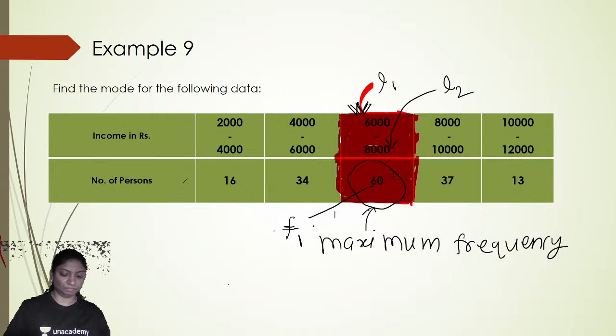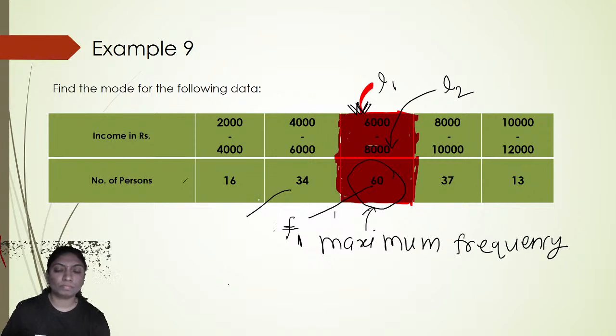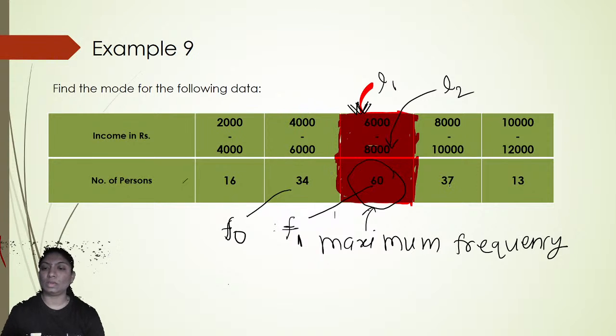Is our F1. F1 तो ये है, फिर F0 क्या है? F0 is the frequency of the pre-modal class, ये है. Okay. ये है F2.